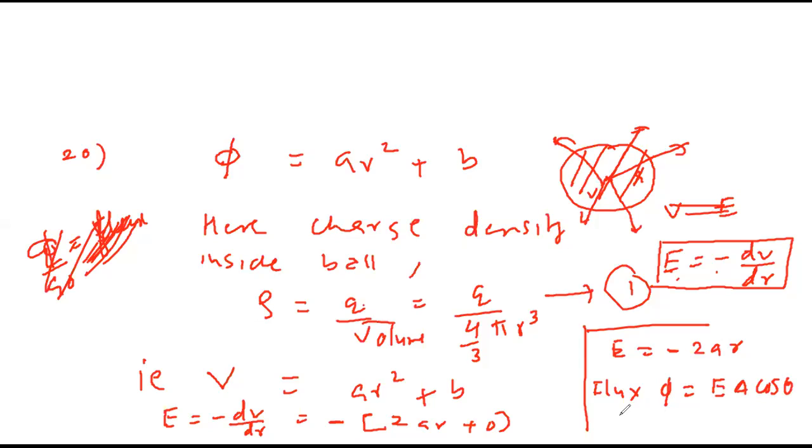So can I say flux, Q upon epsilon naught, equals E, which is minus 2AR, into area? How much is area? 4 pi R square. Copy this much. This is an important sum, it has come in JEE. So this is not flux, don't get confused, it is voltage. We want charge upon volume, so I am interested in getting charge first.